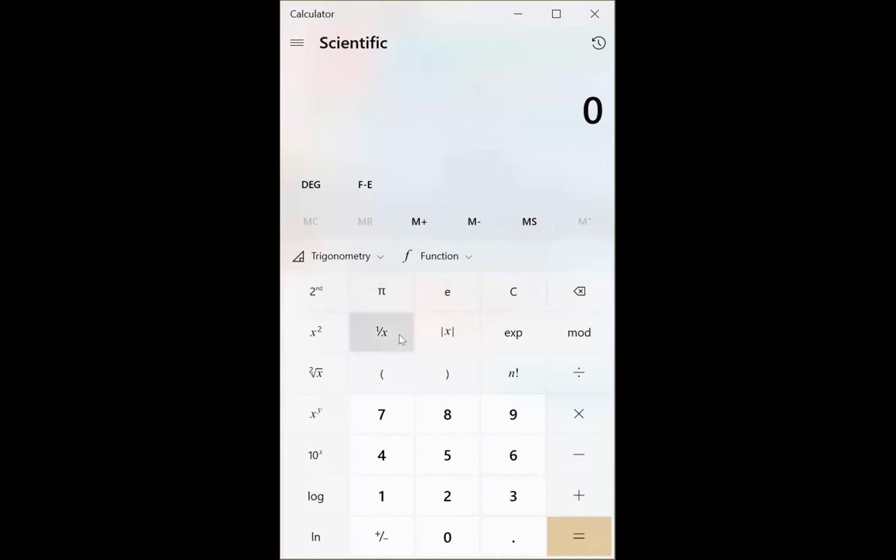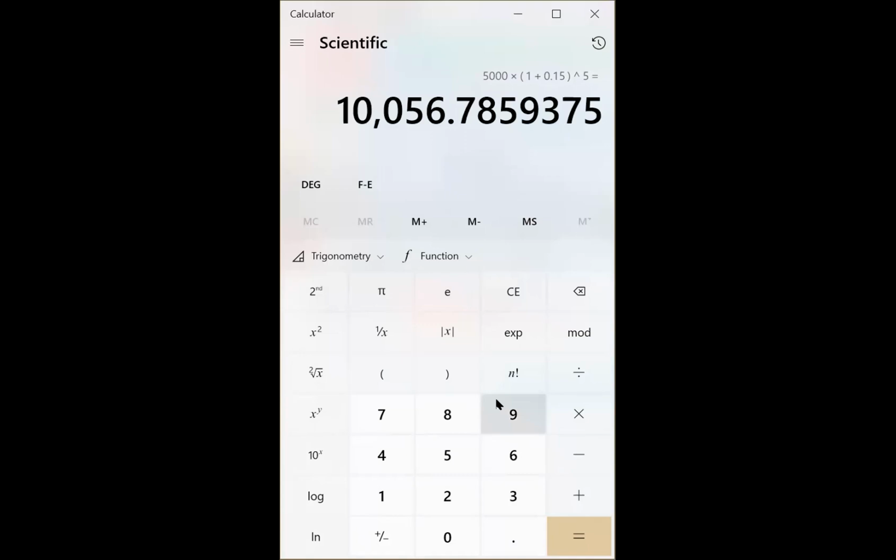Okay. Our formula is 5,000 times parentheses 1 plus 0.15 close parentheses to the power of 5 years equals, wow, 10,056.78594.